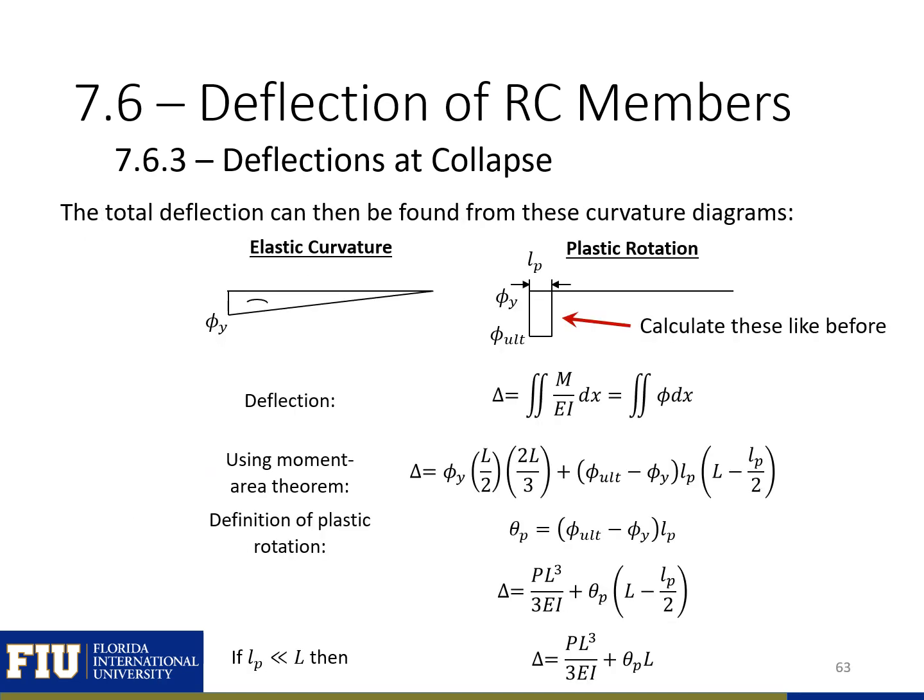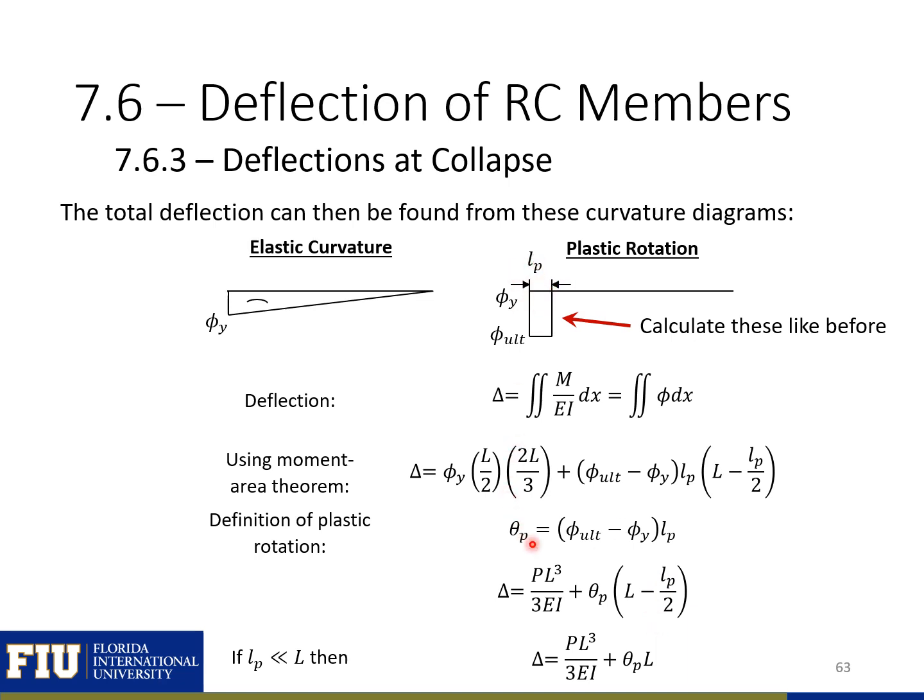We can then find our total deflections again from these curvature diagrams using our moment area theorem. And we'll eventually find that our deflection is just equal to our elastic deflection plus our plastic deflection, which is equal to our plastic rotation times L minus half of the hinge length.